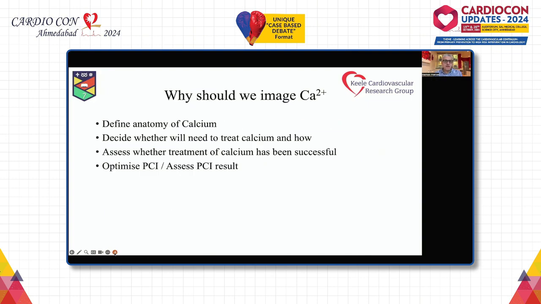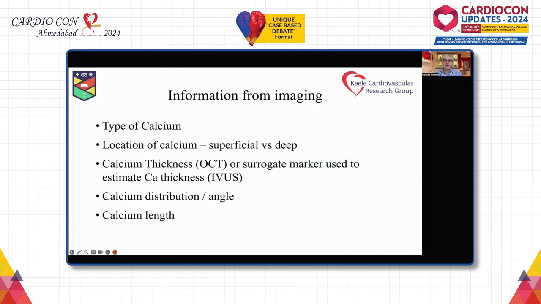So in this sort of case you need to image, and this is mandatory to define the anatomy of the calcium, to decide whether you need to treat the calcium and how, to decide whether the treatment of calcium has been successful, and to optimize the PCI and assess the PCI results. The information we get from imaging includes the type of calcium, whether it's nodular or non-nodular, the type of nodular calcium, the location of the calcium, whether it's superficial, deep, eccentric, concentric, thickness, distribution, angle, and calcium length.